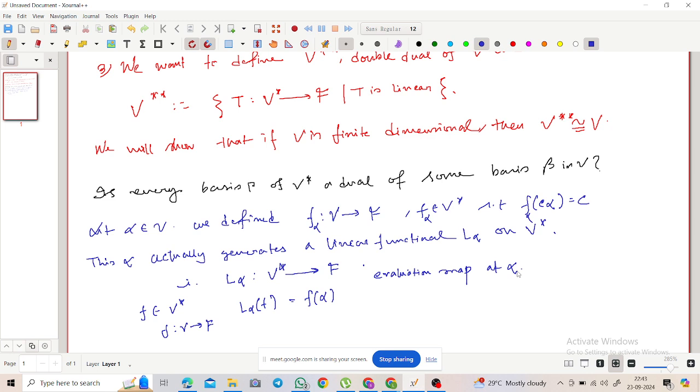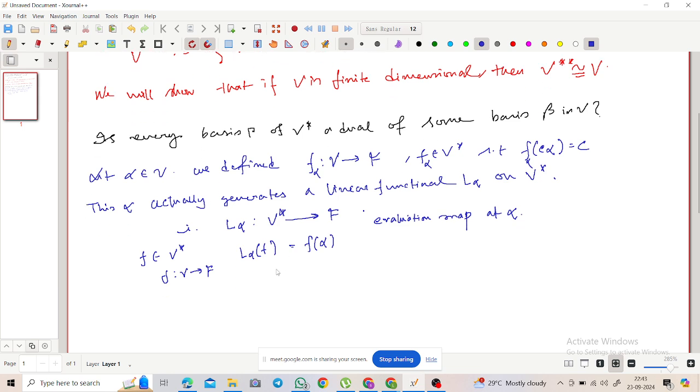See, this is a linear map because if you take L alpha of cf, then it is cf evaluated at alpha. That is nothing but c times f of alpha, that is c times L alpha of f.